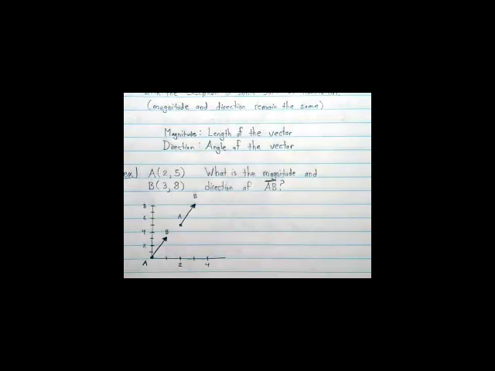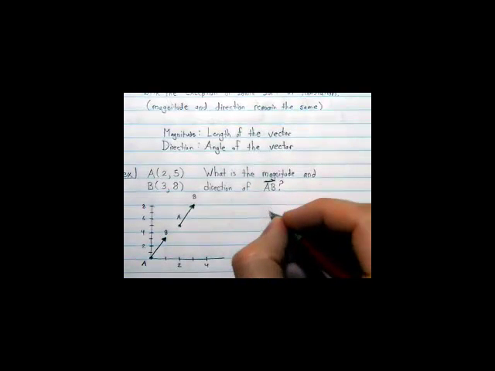So if I'm at 0, 0, over 1, up 3. Should hold that same angle, right? That same, think of it like a slope, right? Rise over run. The rise over run should be the same from the initial point to the terminal point. So if that holds true, we should be at 1, 3. Okay. So this vector, I can now put it into what's called component form.